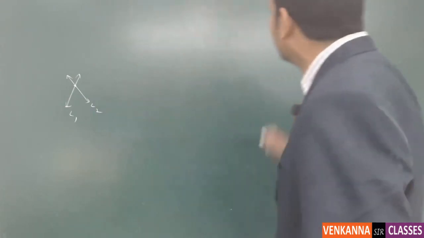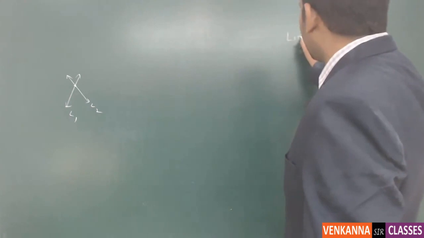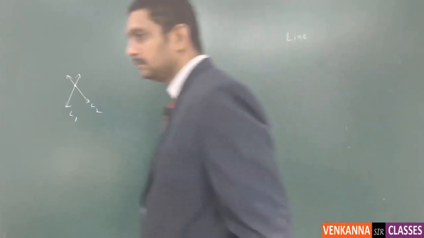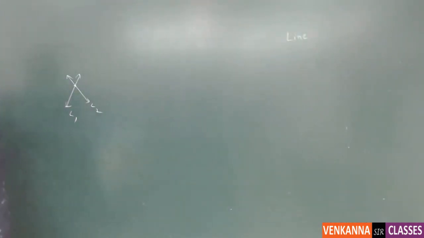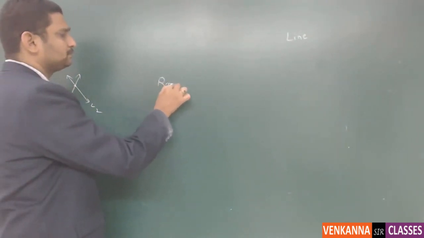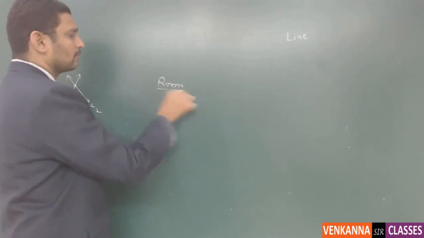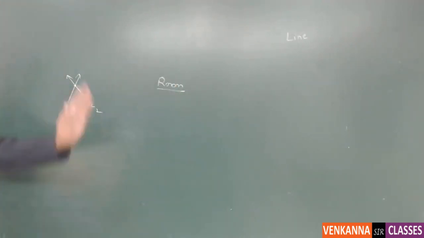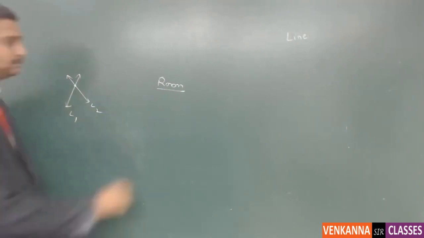Right? So intersection is nothing but a line. If you want to take a small visualization, let us consider our room. Take the corner of the room.